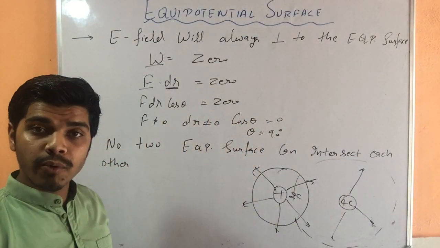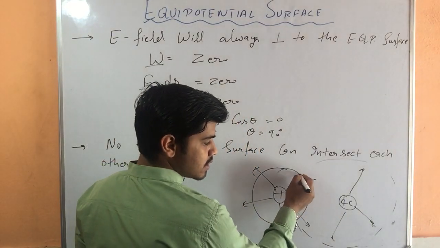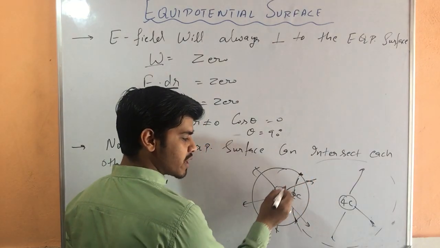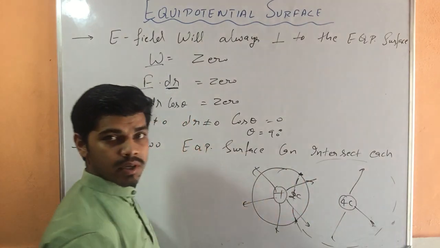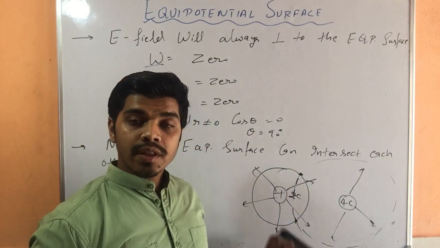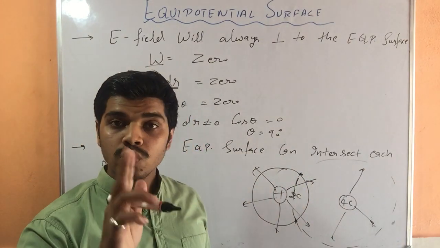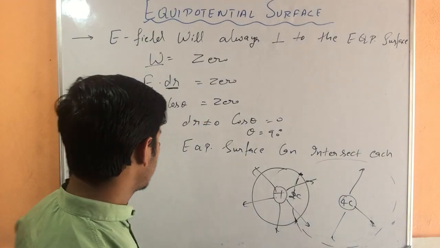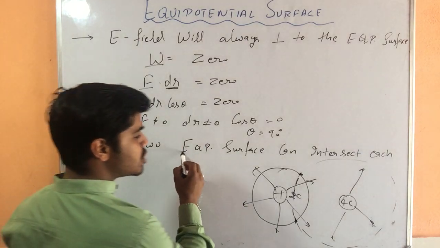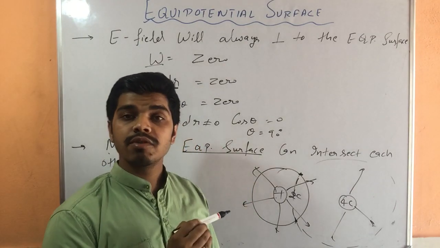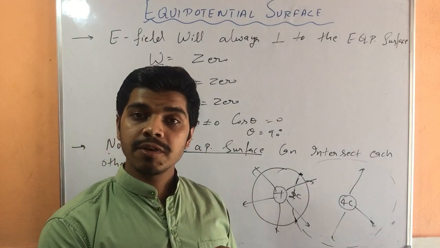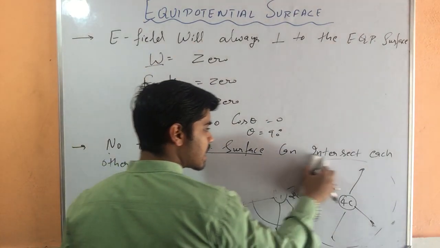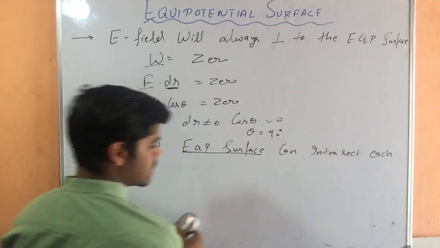Then at the intersecting point, what will happen? These points of intersection will show potentials of both 2 coulomb and 4 coulomb. Means to say that this point has 2 dissimilar potentials, which is not possible for an equipotential surface, as an equipotential surface is a surface having the same potential, means a single potential. That's why they cannot intersect each other.